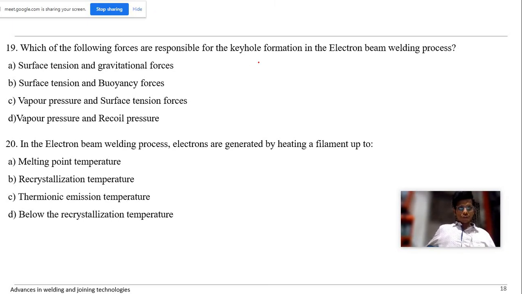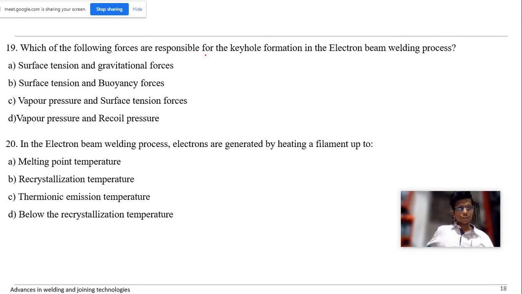Which of the following forces are responsible for keyhole formation in electron beam welding? See, if you understand this buoyancy, electromagnetic field, this kind of question can be easily answered. 19D is the answer.